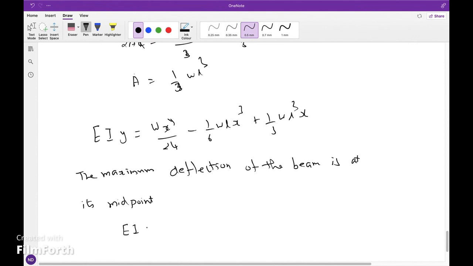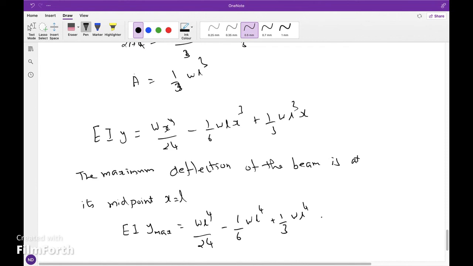Therefore y maximum is at the midpoint, that is x equal to L, because the length is 2L. So put x equal to L: omega L power 4 by 24 minus 1 by 6 omega L power 4 plus 1 by 3 omega L power 4.